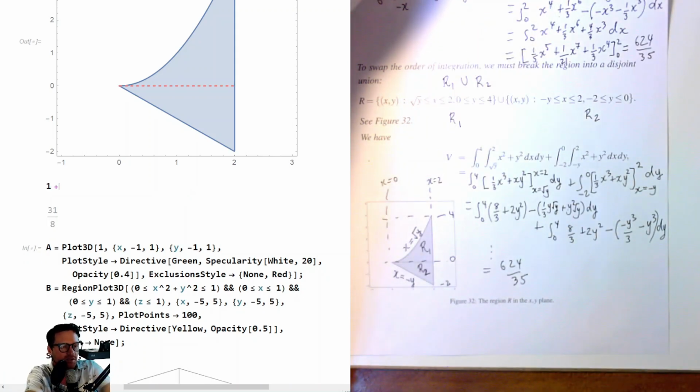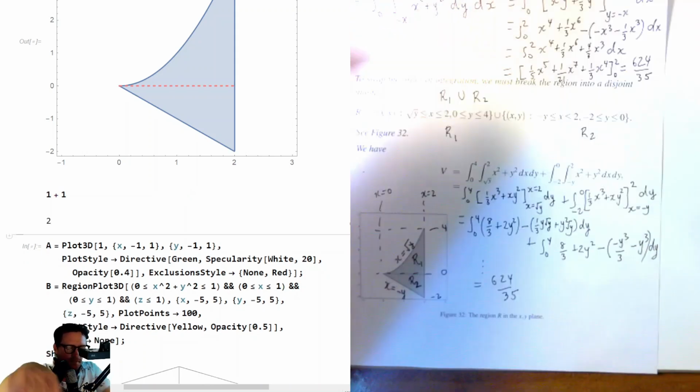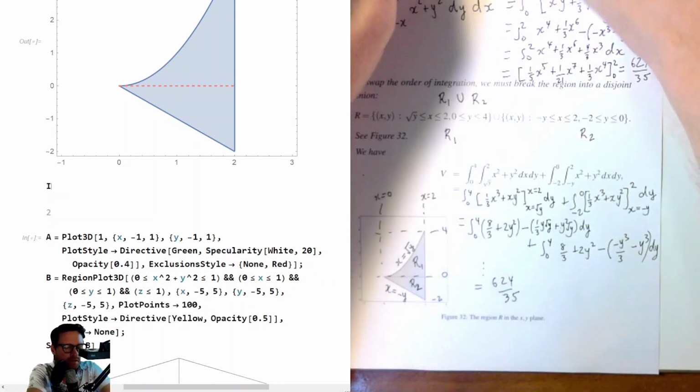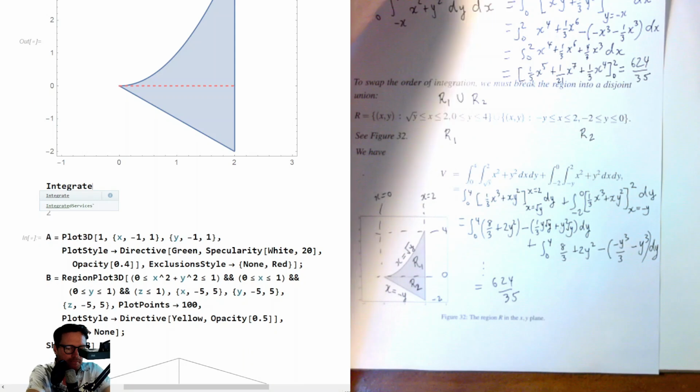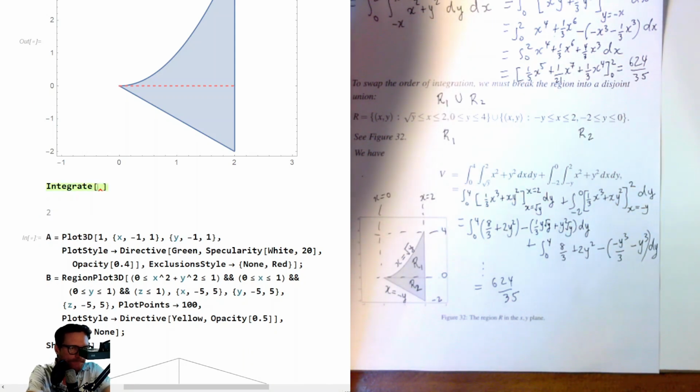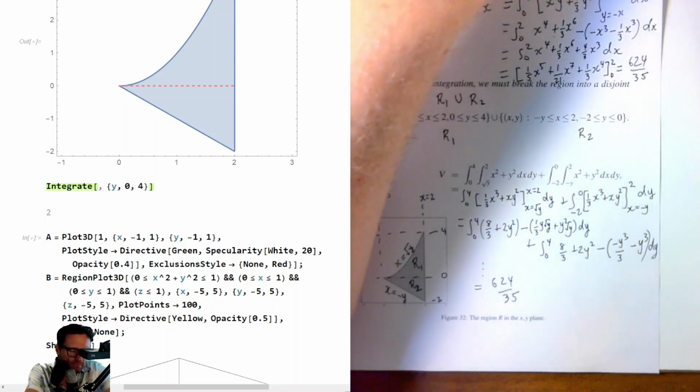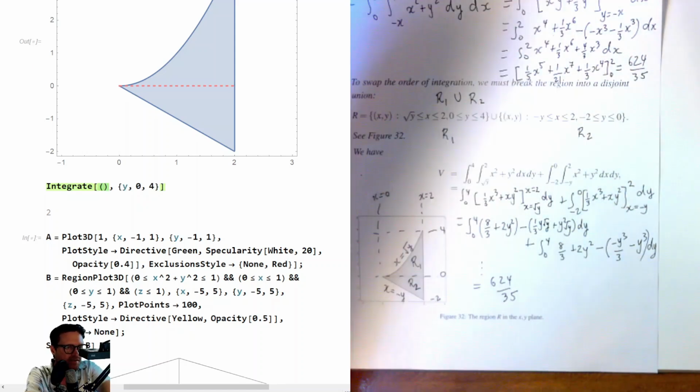So just so you see I'm not cheating, 1 plus 1 is 2. All right, integrate. Now it's with respect to y, as y goes from 0 to 4. Okay, so what we are putting in there, I'm just going to copy this.